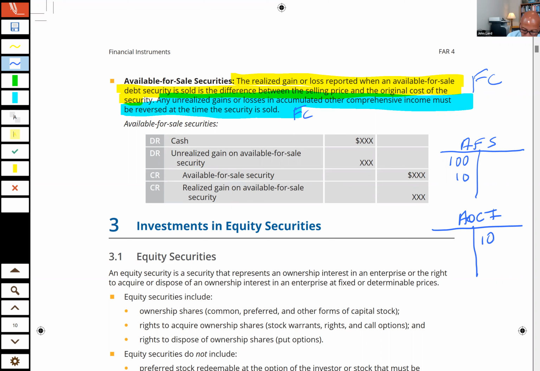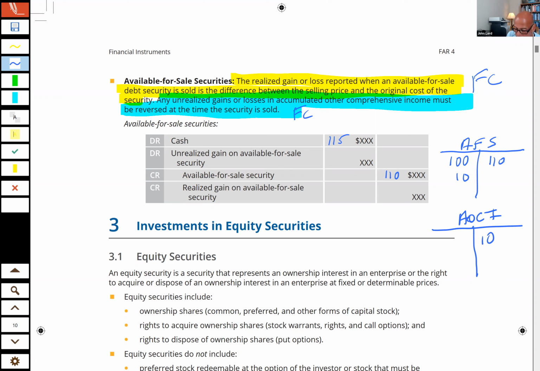Then I go ahead and I sell the security, and I'm going to put the numbers up here in this journal entry. I sell the security for $115 cash. Now, what happens? The available for sale security is going to be credited for 110. That'll get rid of it, right? It's off the books now because I sold it.